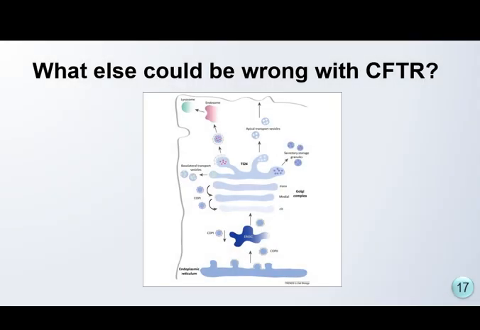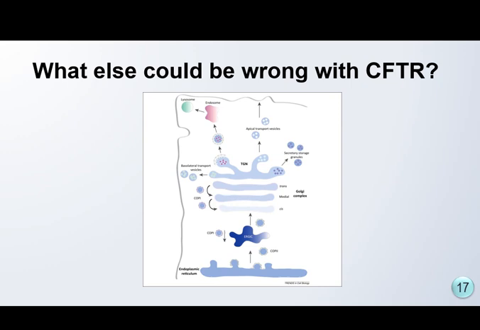I wanted to think about what else could be wrong with this CFTR. That's your secretory pathway, right? So what would happen that would also give you abnormal secretion of chloride ion besides a defect in your channel? What would happen?